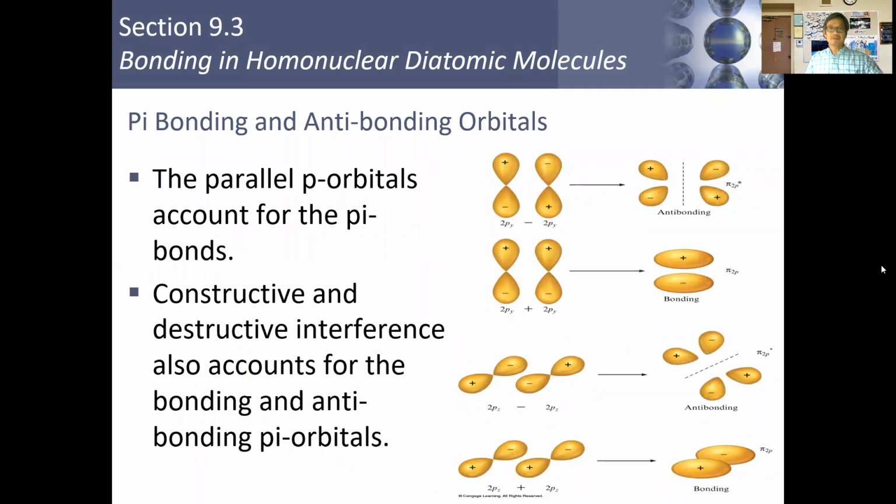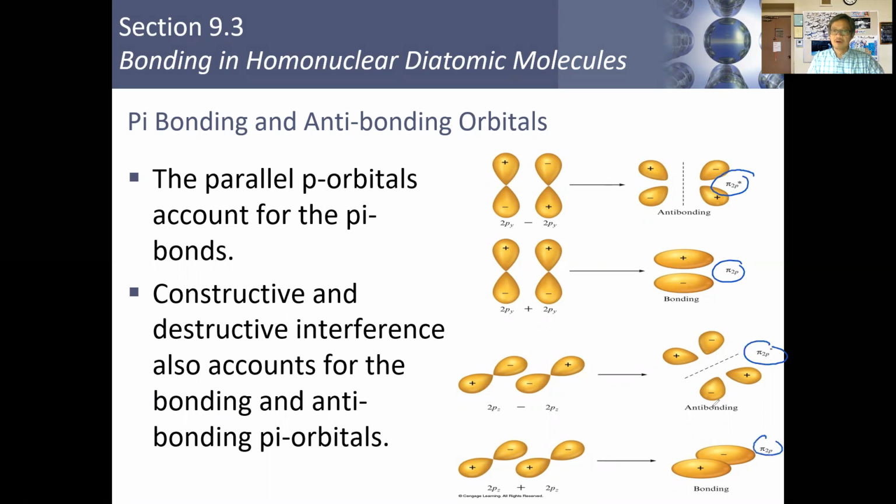So if you look at these pictures here, you have the side-by-side interaction. So you have the side-by-side interactions of the remaining p orbitals that form the anti-bonding and the bonding p orbitals here. And those are the pi molecular orbitals that form from these p orbitals here. Okay, and so again, I'm going to highlight for you what happens: it's the constructive and destructive interference of these orbitals here.